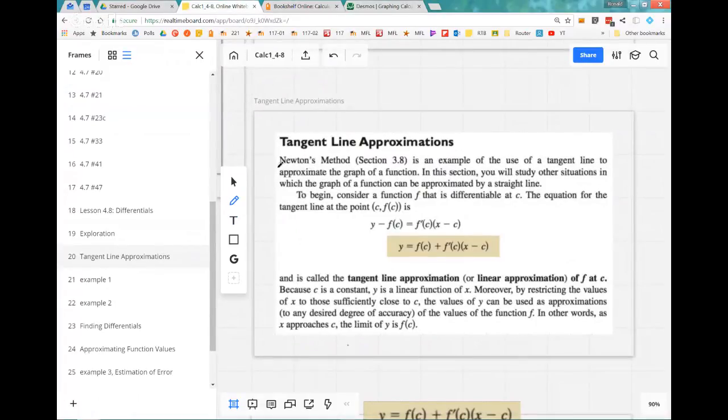So tangent line approximations. Yeah, you can see it talks about Newton's method. Remember, we used that to find where a line crossed the x-axis. In this section, it says we will study other situations in which the graph can be approximated by the straight line because it's so close. And here's what it comes down to right here.